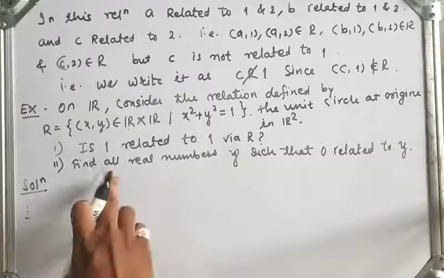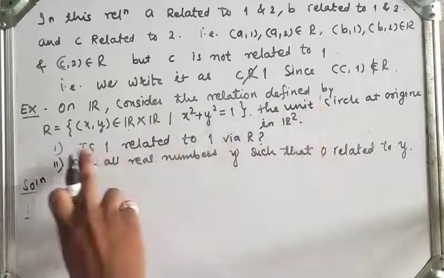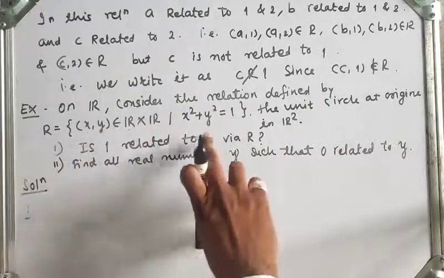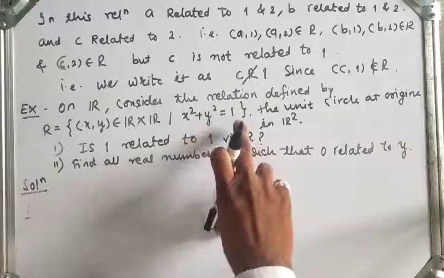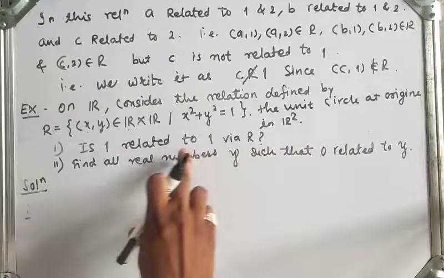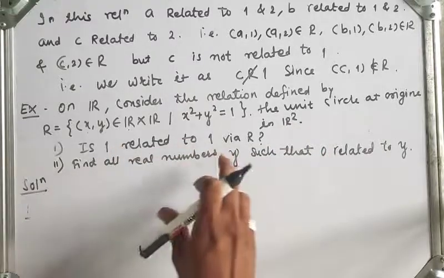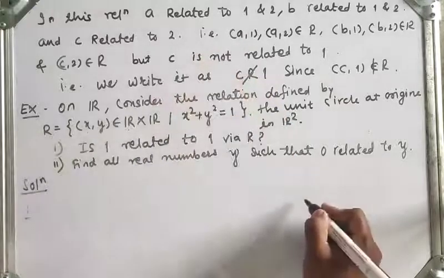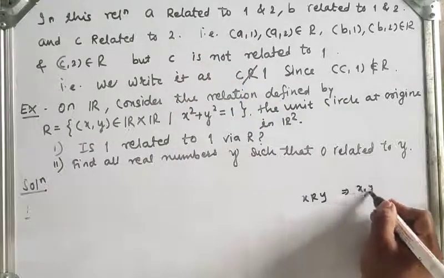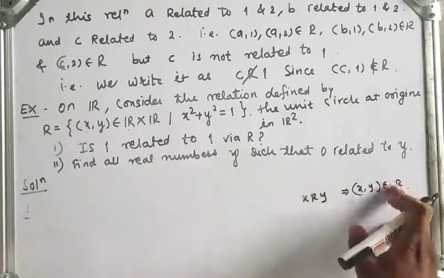So what is given here? R is the relation defined by R, the ordered pair (x, y) belonging to R cross R, such that x squared plus y squared equals 1, which is the unit circle at the origin in R2. Is 1 related to 1? Suppose x is related to y means the ordered pair (x, y) belongs to R. But what is R here?